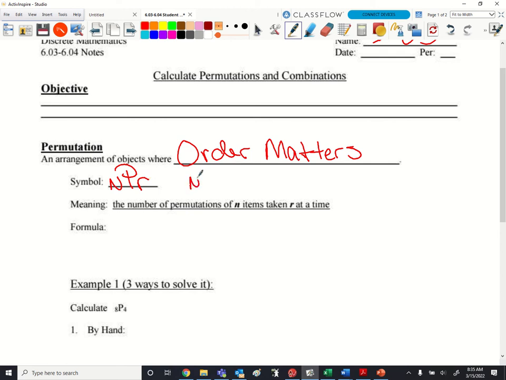N is how many to choose from, where r is how many we will choose.